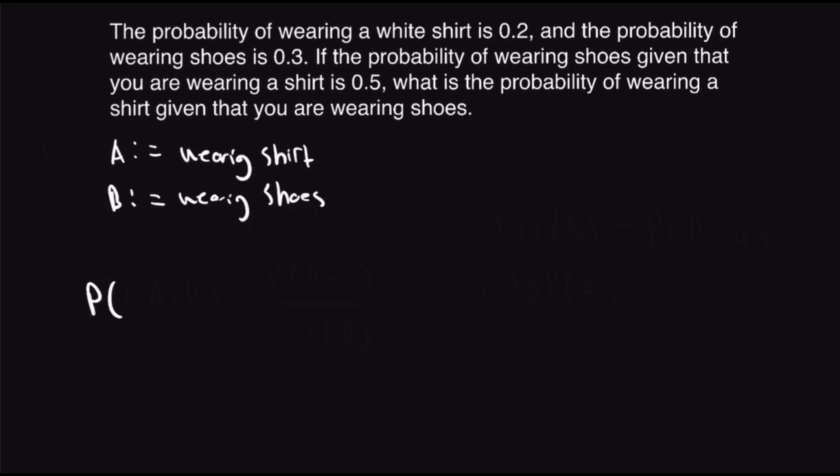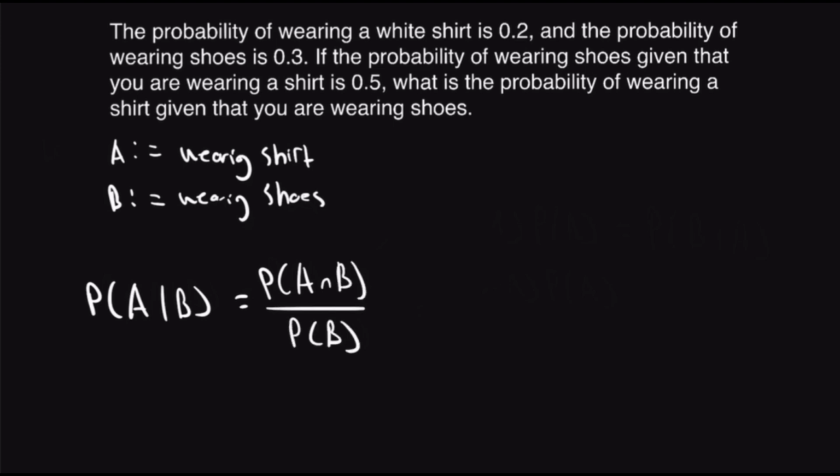So what we need to find is the probability of A given B, which according to Bayes' theorem, we already know is probability of A and B divided by probability of B. So we're already given probability of B, but what's the probability of A and B?